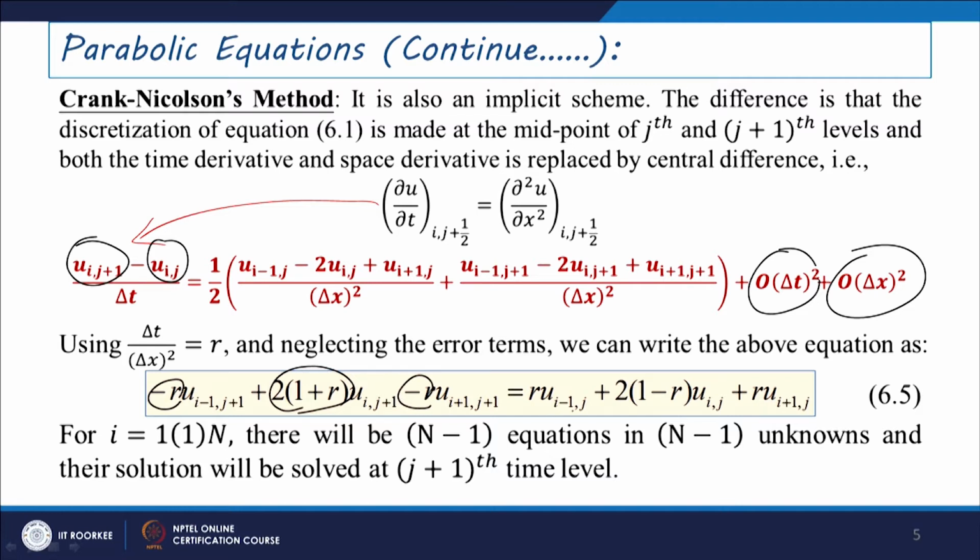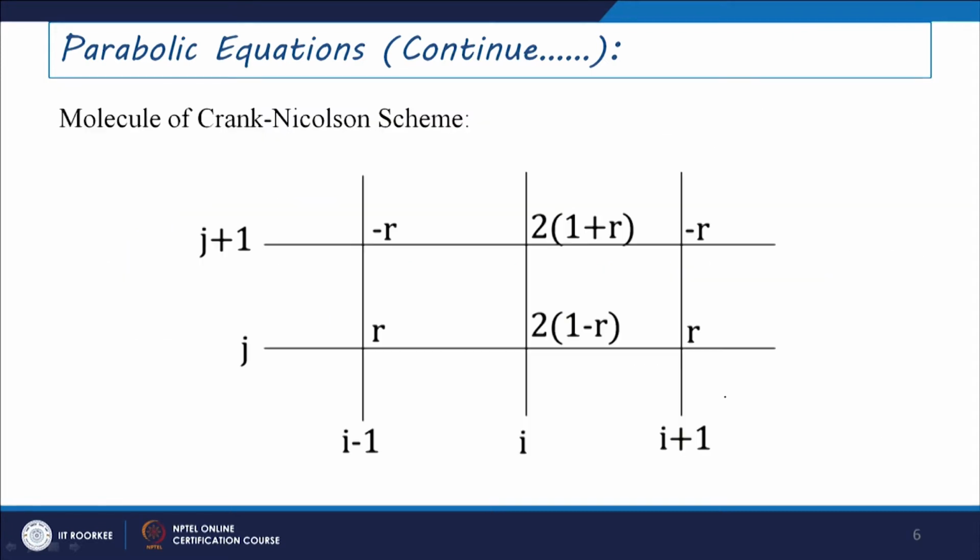And at the jth level calculation, we find plus r here, 2 into 1 minus r here, and r here. So, the same is written at the jth level as r, 2 into 1 minus r, r, and at the j plus 1th level as minus r, 2 into 1 plus r, and minus r here.